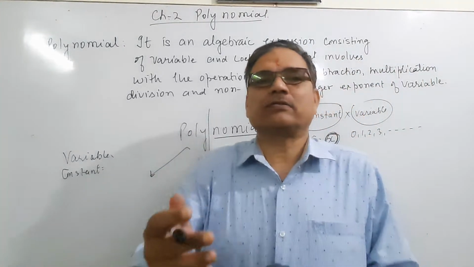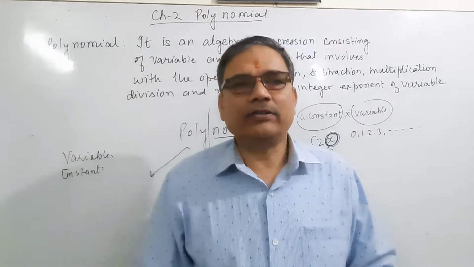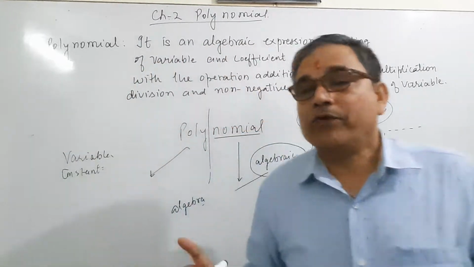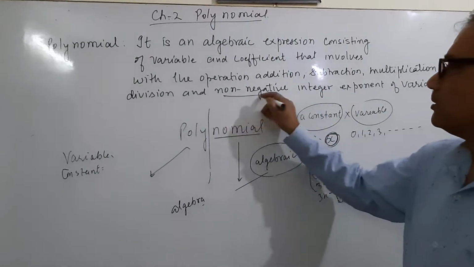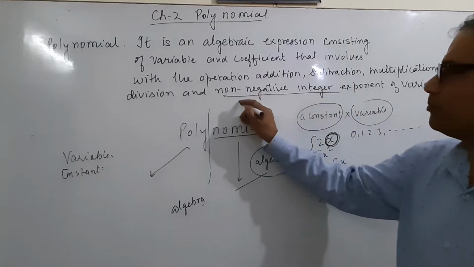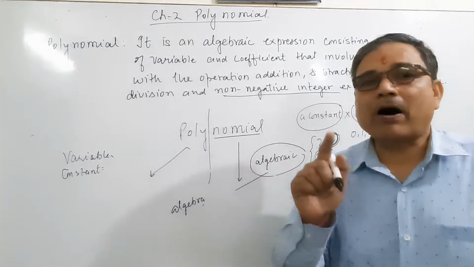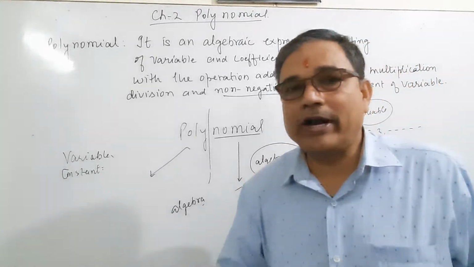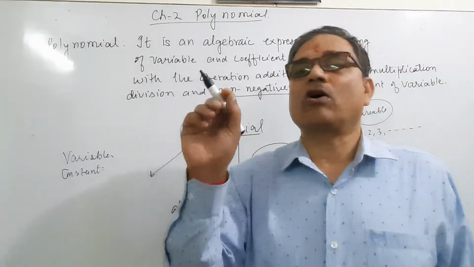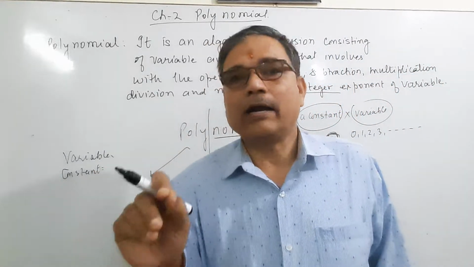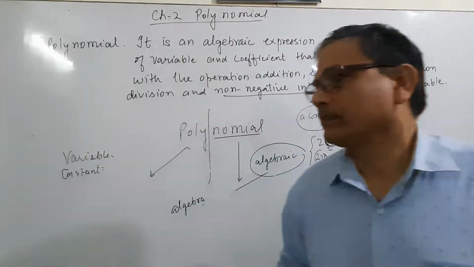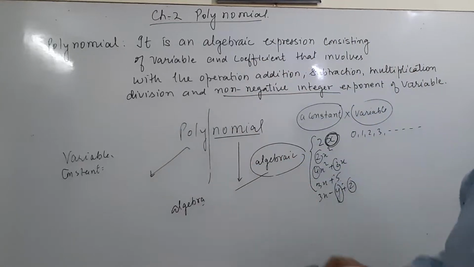All these are simple mathematical operations, with which the non-negative integer exponent of variable. Non-negative means the power, the exponent, is always non-negative. It should always be a whole number, and the power may be 0 but may not be a negative number. This is the polynomial.